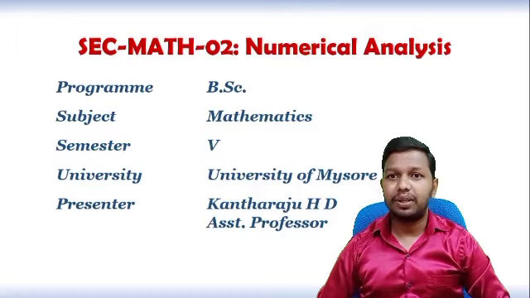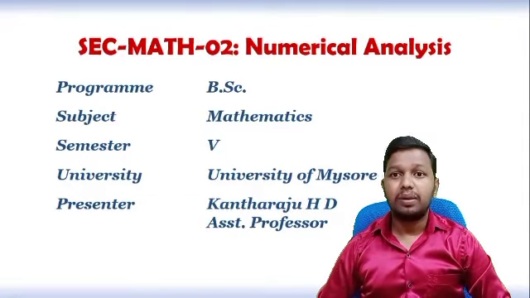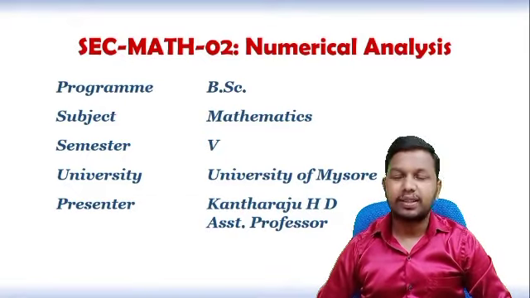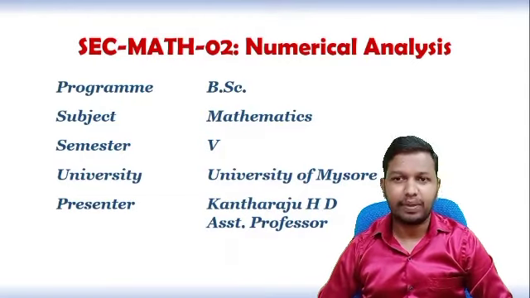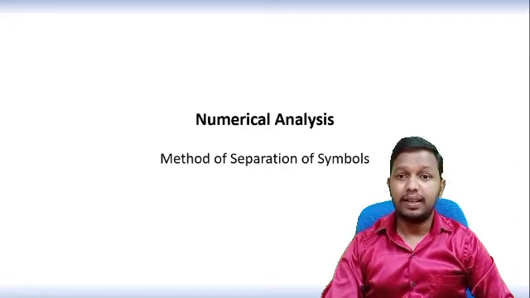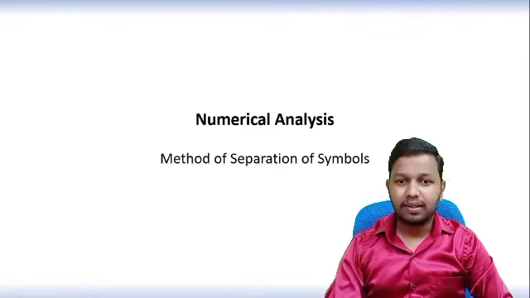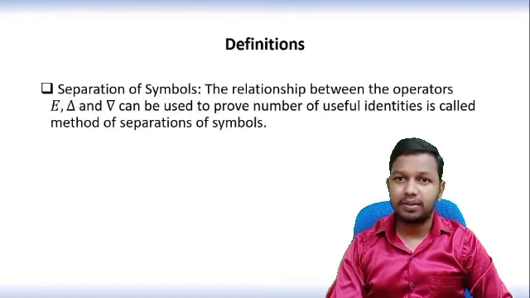So this video we made for session 21 of paper SEC Math 02 Numerical Analysis, the syllabus prescribed by Mysore University. So in this session, our topic is method of separation of symbols.